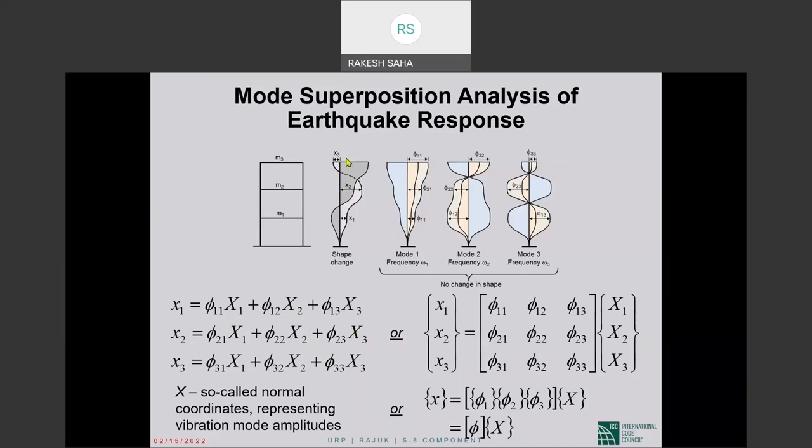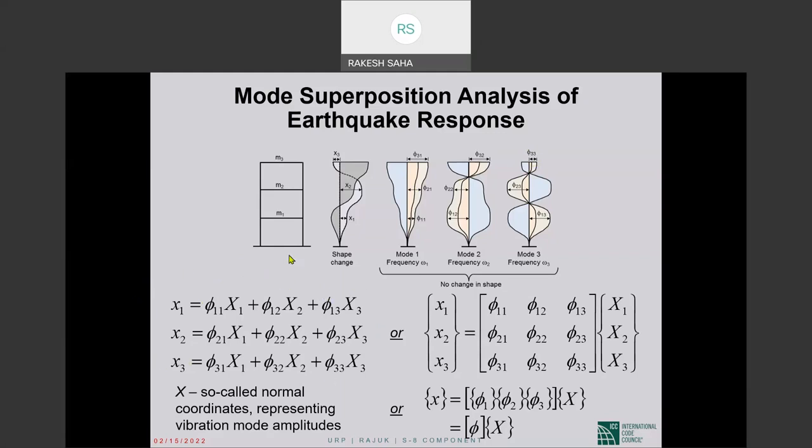Similarly, x3 can be expressed as phi31 times X1, phi32 times X2 plus phi33 times X3. So that is kind of an important way of looking at how a multi-degree of freedom system deforms.